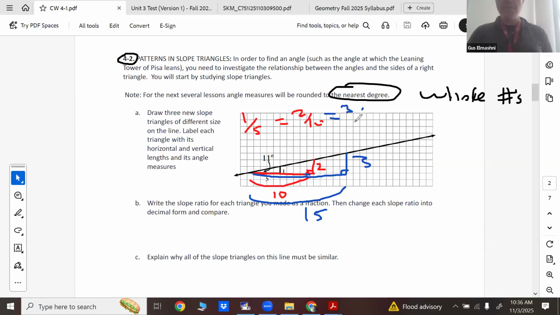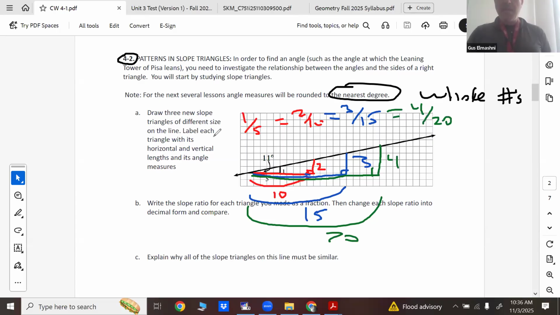Is that the same ratio as the other two? Yep. And then lastly, we'll go green. Go forest green. Sorry, I'm a little colorblind. Okay, how far did I go with the green? And how far up? So 4 over 20.